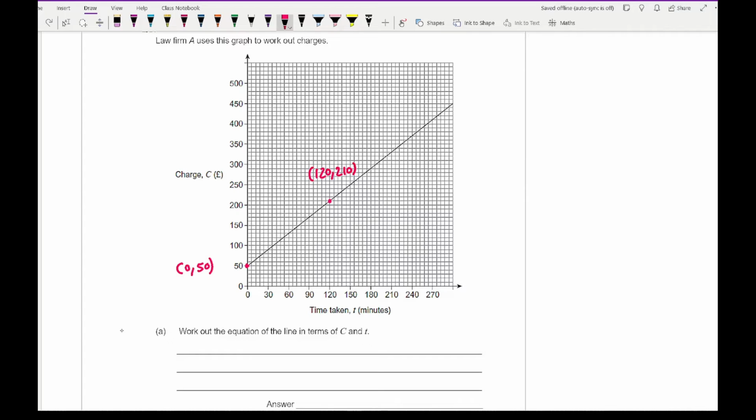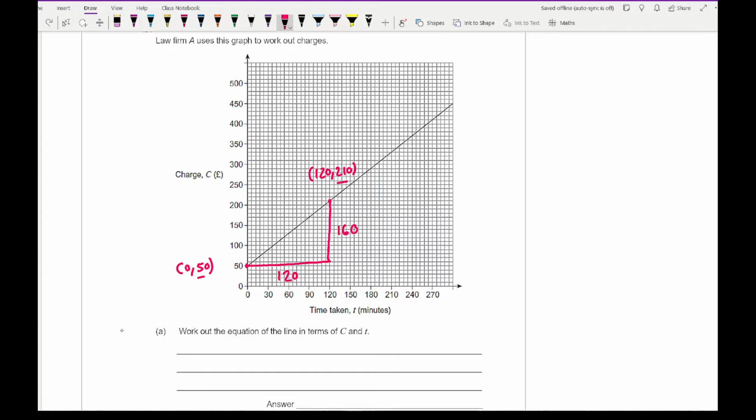So from this, if I turn that into a right angle triangle, I then work out the difference in the y ordinates, so the difference between 210 and 50, and that's going to be 160. And then the difference in the x ordinates, which is 120.